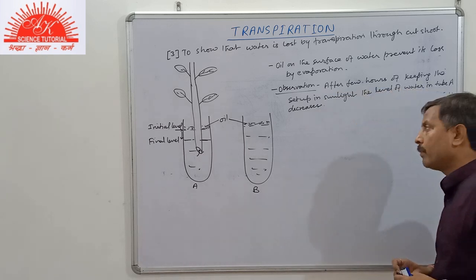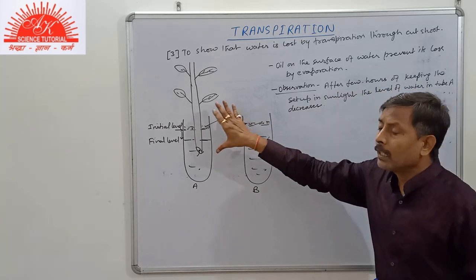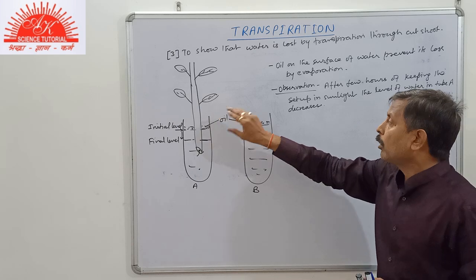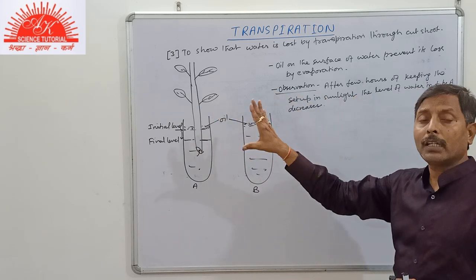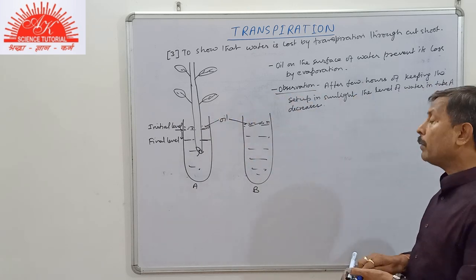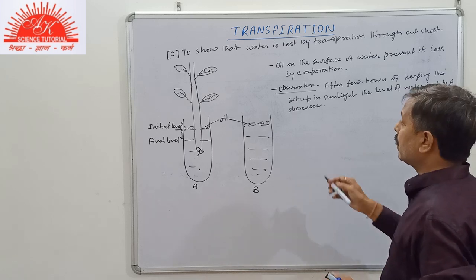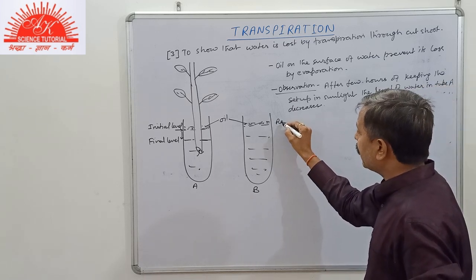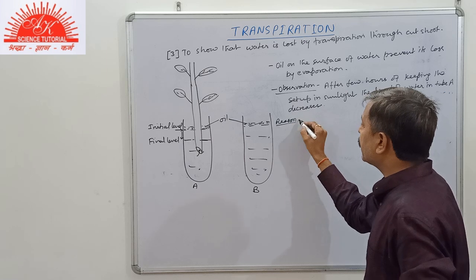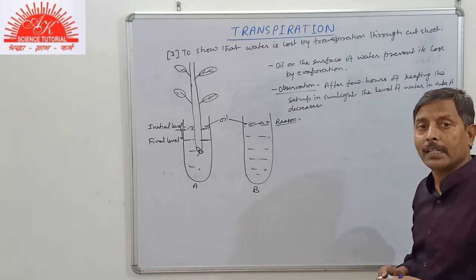This is the observation. Or if we take the weighing method, then there will be decrease in weight of the tube A. What will be the reason behind it? Because after observation, we also need to write its reason. The question is asked related to it.